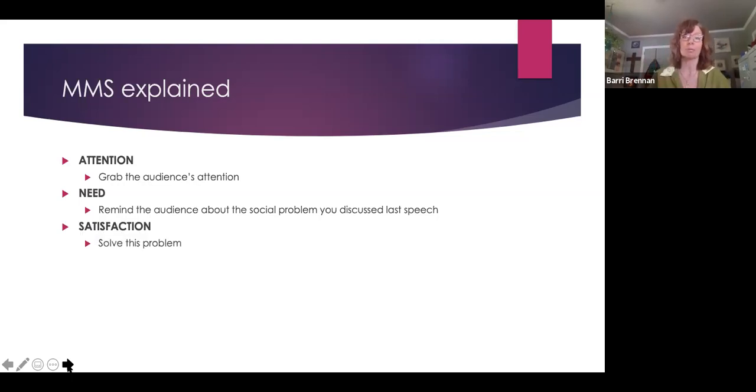The third step, satisfaction. You have to satisfy us; you have to satisfy the need. Think of it that way. First, you get the attention. You talk about the need to deal with this problem. You establish that we need to deal with it or else. And then you satisfy that need by saying, this is my solution, or this is my set of solutions to this problem. Remember 1/5, so you're not spending an inordinate time on it.